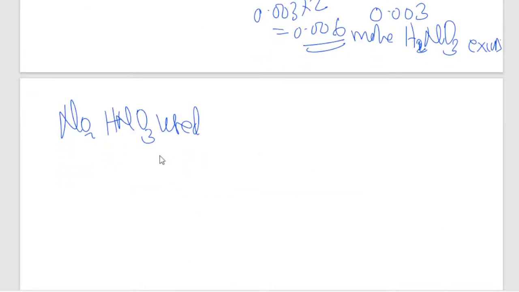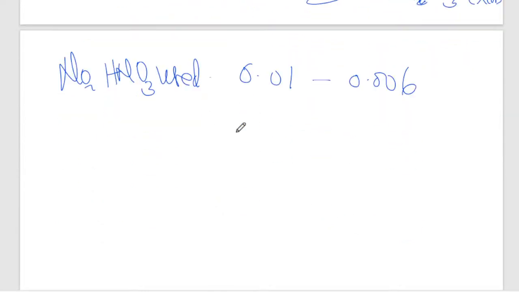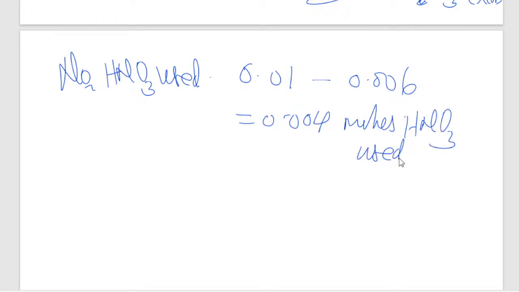So now here I'm gonna have 0.01 minus 0.006. You see, that is the number of moles. When you subtract, you must subtract it nicely, then 0.004 moles. So these are the number of moles of nitric acid used at the first instance.